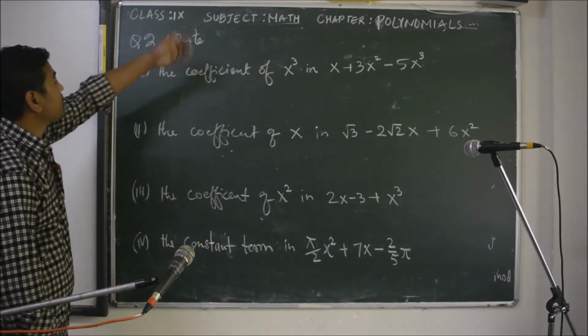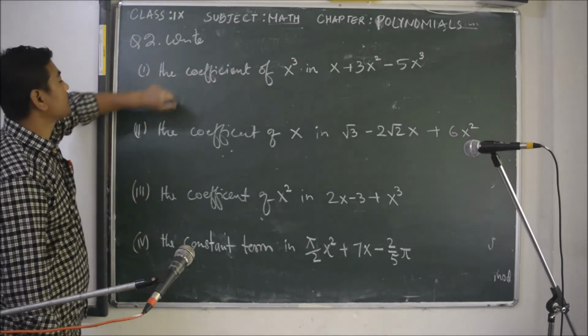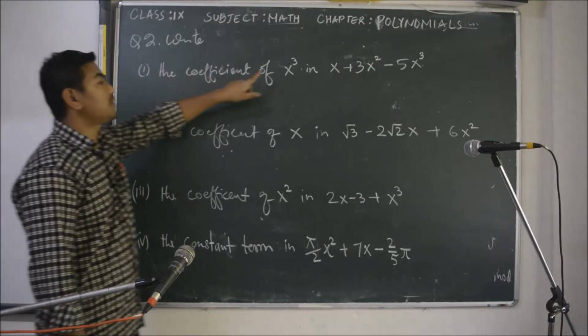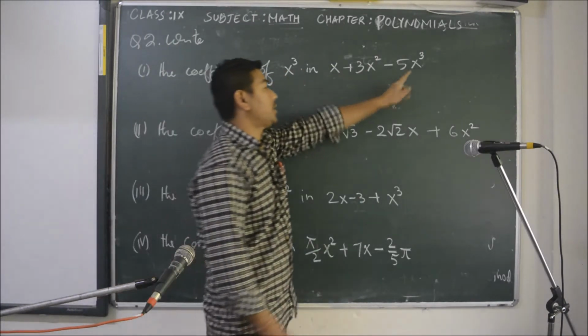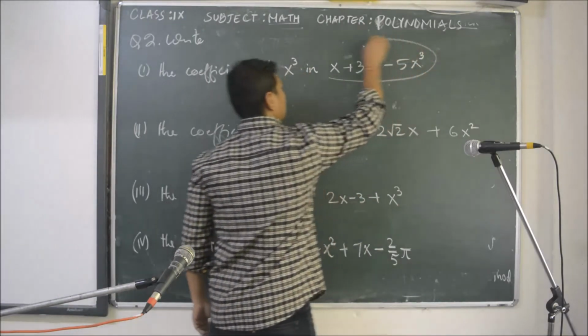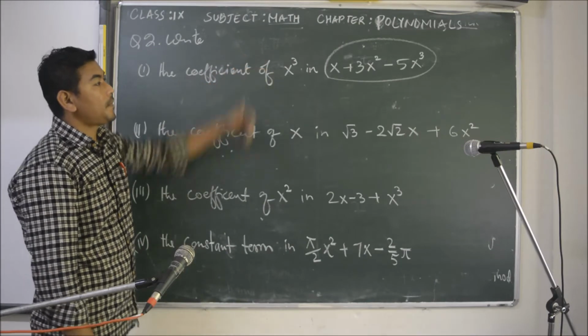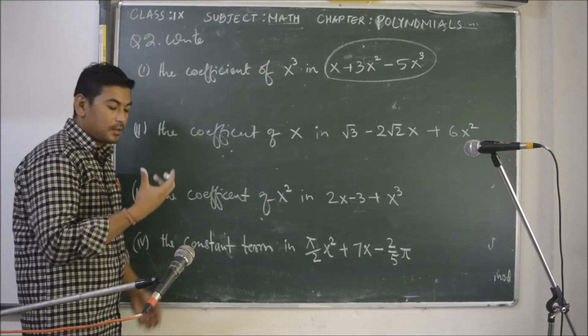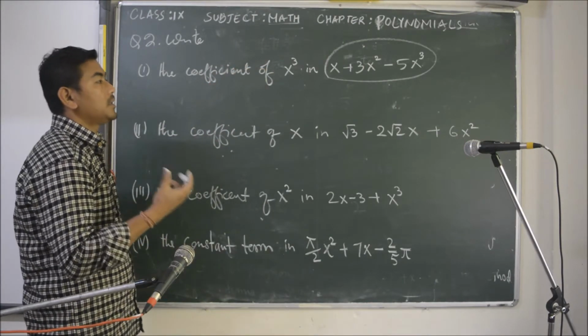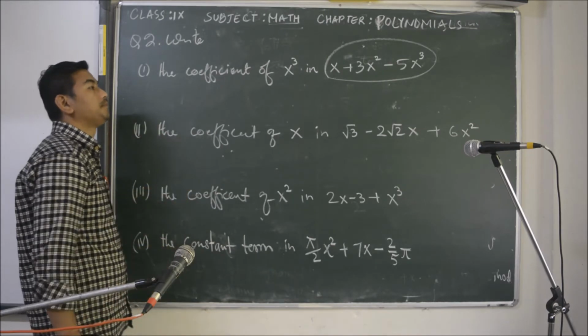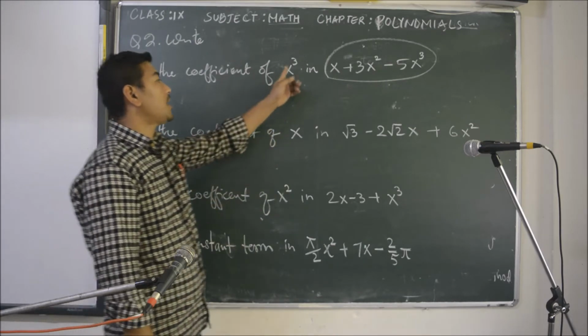Here, write number 1, the coefficient of x cube in this polynomial. So actually this is our given polynomial. You have to write the coefficient of x cube. Coefficient of x cube means a constant number which is before the term x cube.